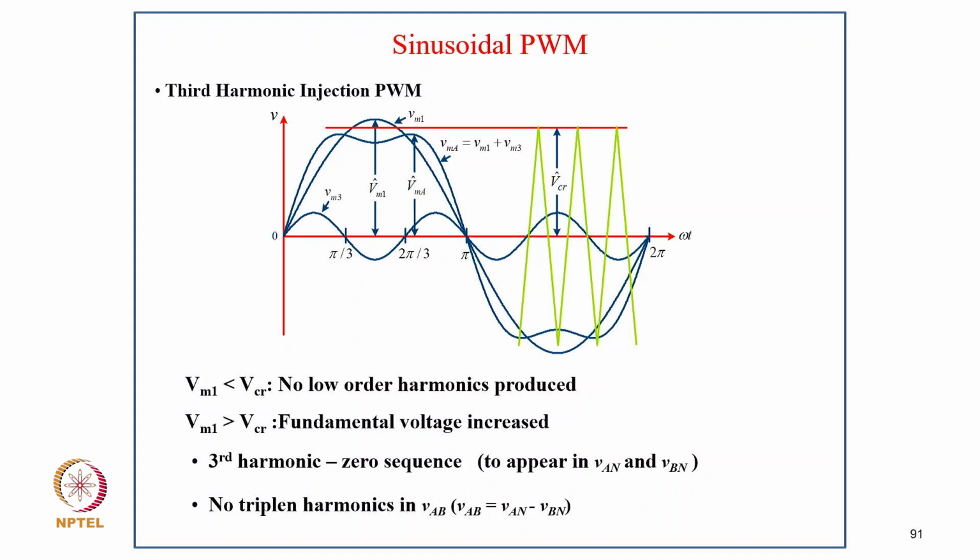So typically in third harmonic injection, we add the third harmonic along with the fundamental, and then compare with the carrier wave. VM1 less than VCR, so no load harmonics are produced, and VM1 greater than or equal to VCR, so the fundamental voltage increases. So the third harmonic zero sequence appears in VAN and VBN, and there are no triplen harmonics in the line voltage VAB, that is VAB equals VAN minus VBN.